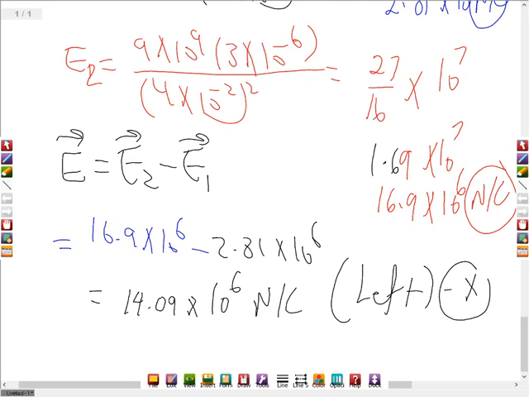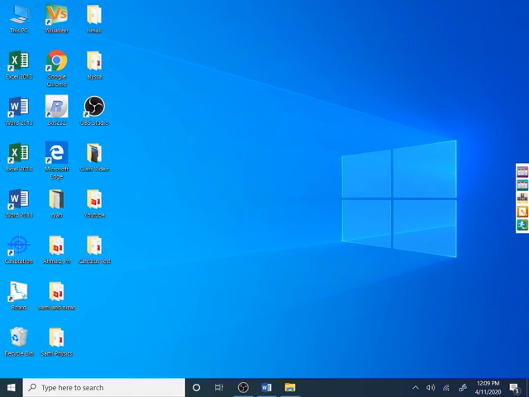Does that mean this value is negative as well? This one is not negative. We don't have negative and positive here, just the direction. The magnitude is right, and it moves to the left. Okay. Now we're going to go on.